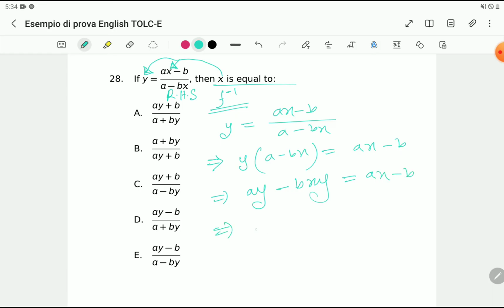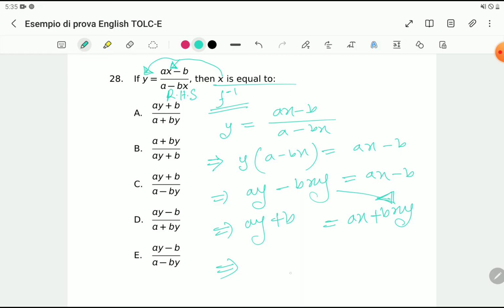We can write ax minus bxy equals ay minus b. Just we interchange between them, we take it there so it becomes positive, and we bring minus b here, it becomes also positive.